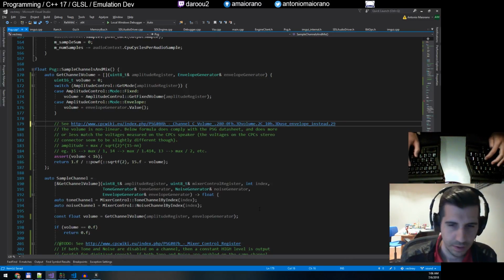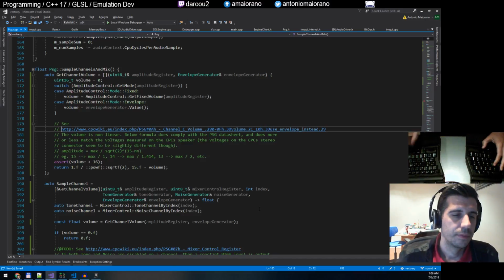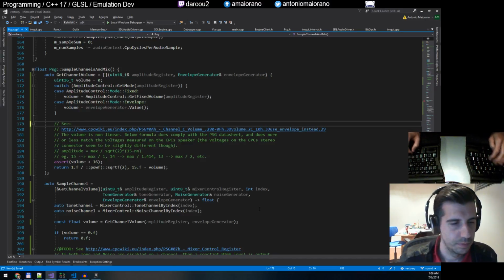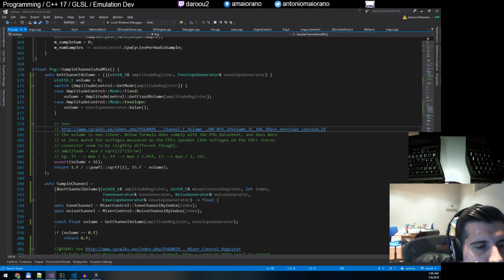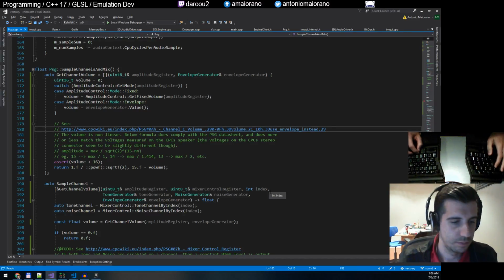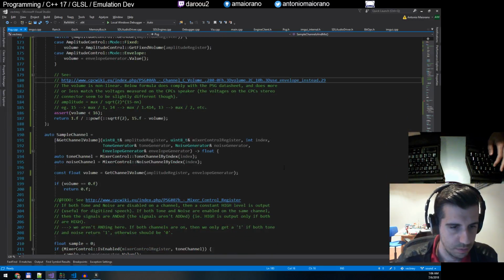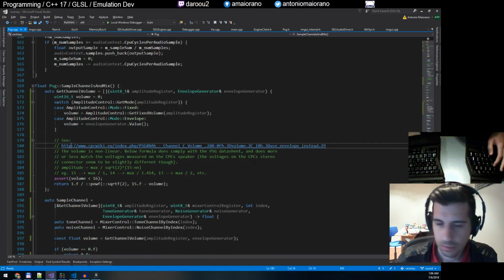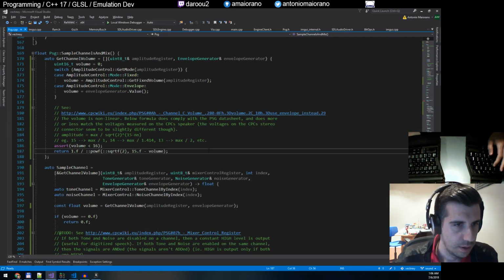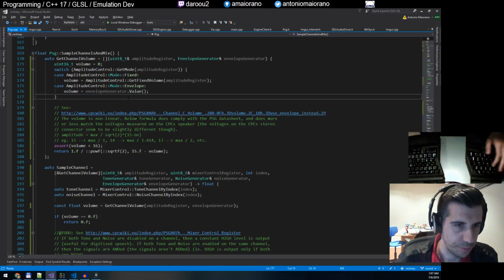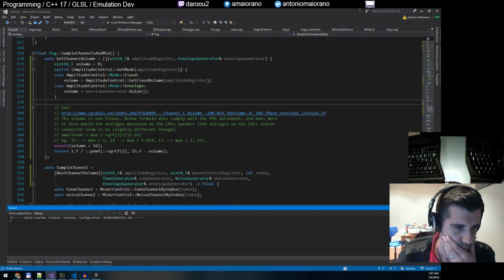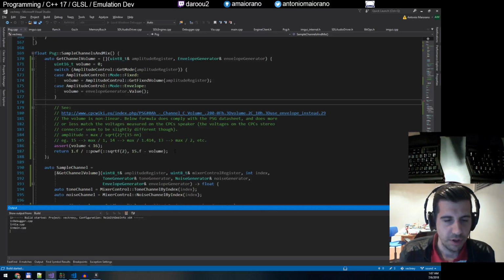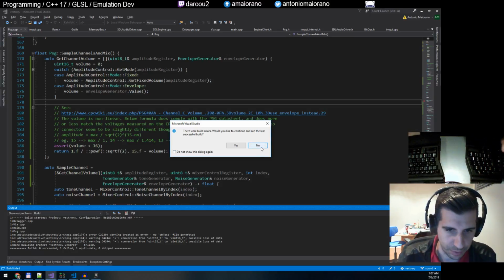Too big. Okay, so this way we are also applying it to the fixed volume. Because I mean, this is really the shape of the actual speakers, you know, like the volume, how we hear it on the speaker, and should be applied to the final value no matter what.